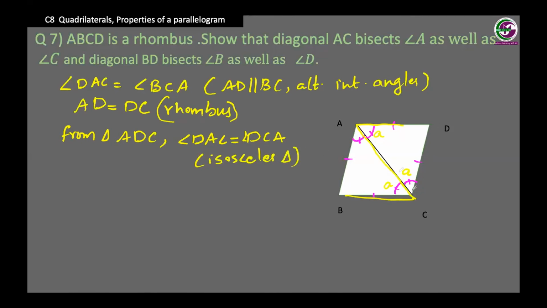And by considering CD parallel to AB, we get that this is also A. Also, angle DCA, by considering these two sides are parallel, we can apply the alternate interior angles. So these two are equal. Angle DCA is equal to angle BAC, by considering AB parallel to CD, again alternate interior angles.